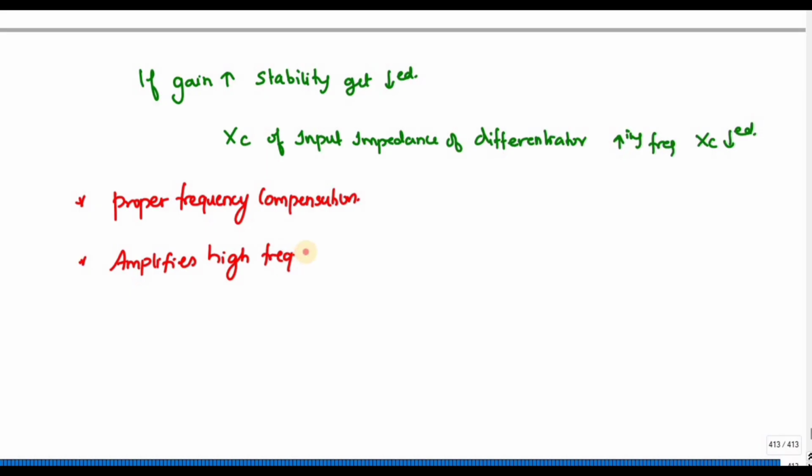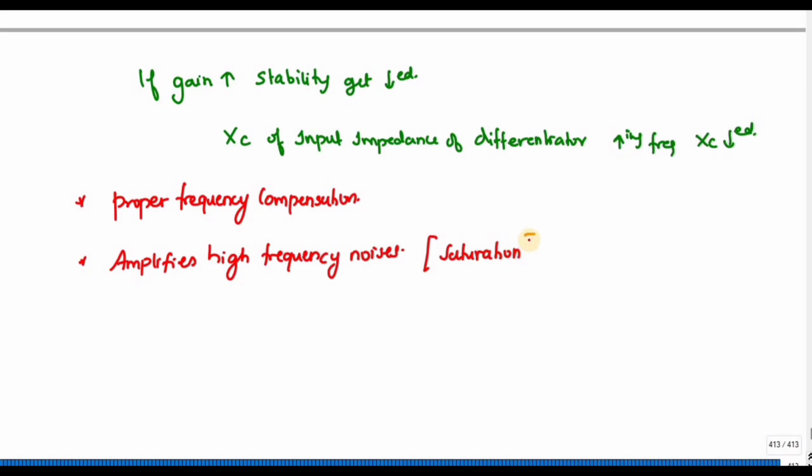It is also sensitive to noise, so it amplifies the high frequency noise. That is, the noise signal gets overridden with my input signal.